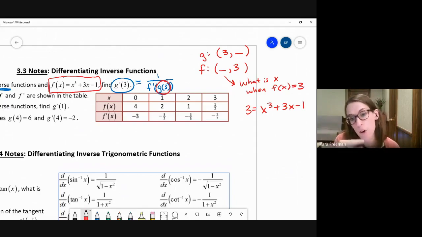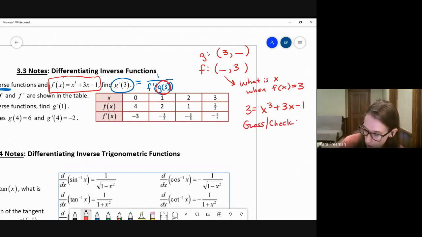The ones that you're going to be given are easy enough to just guess and check. What value of x would make that equation true? In this equation, if x is 1, 1 cubed is 1, plus 3 times 1, minus 1, you get 3. Everybody good with that?